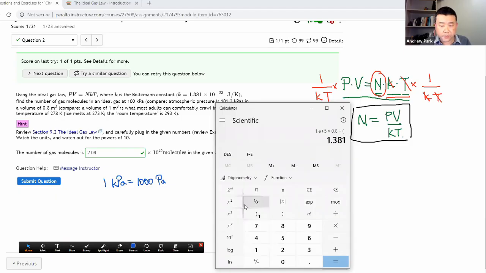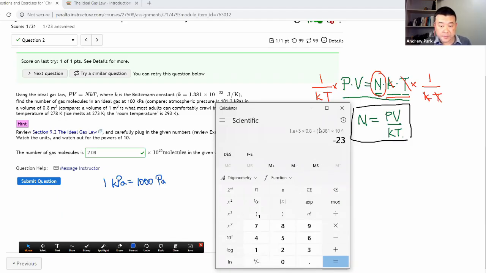Now for a calculator where I can't use the E notation, I still have the option to use a general purpose exponential notation. So I do times 10, that's what I put in for X, and then I put in this key. You see that I have 10 raised to the power of 23, or minus 23.